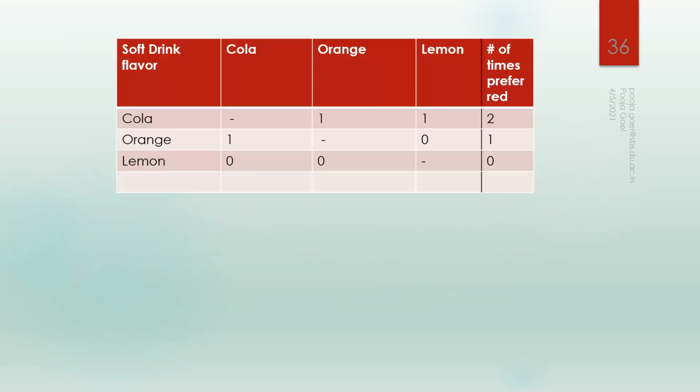For example, if you can see on the screen, I ask him to compare between cola and orange, and he prefers, let's say, orange. You can tell him that he has to give the preference row wise or column wise. Because we are counting row wise here, we are giving the preference row wise.